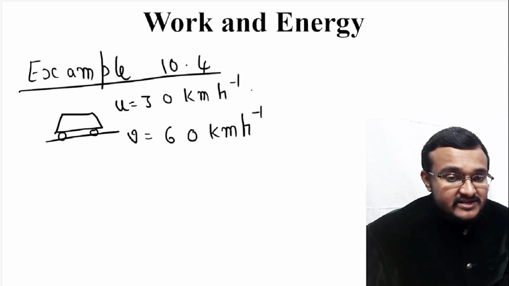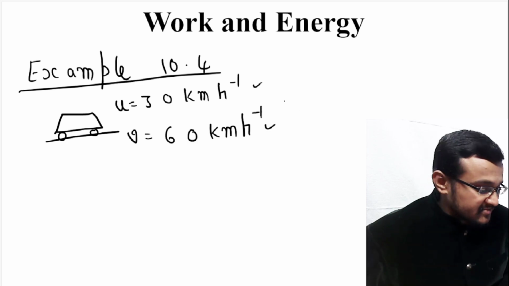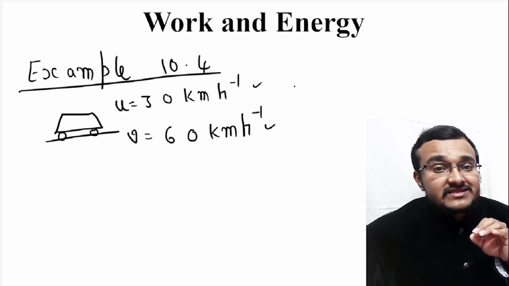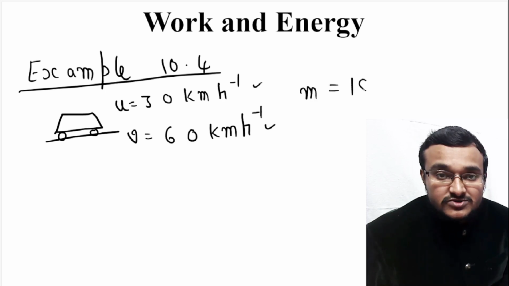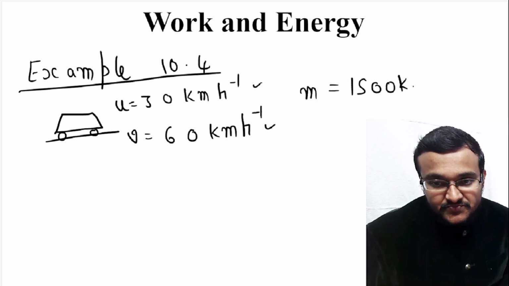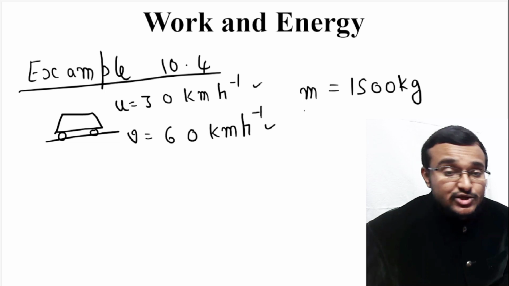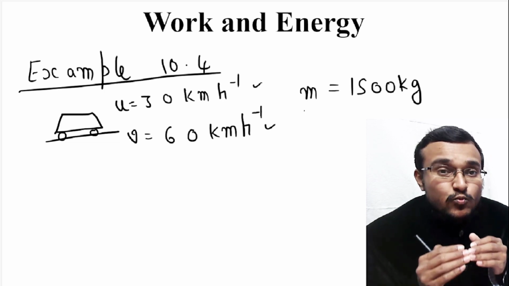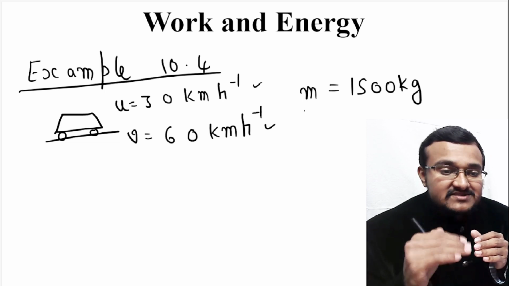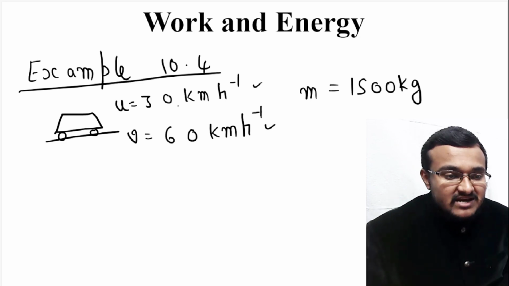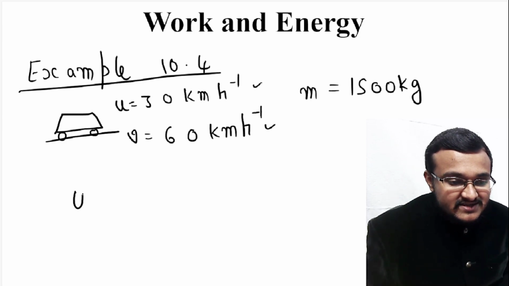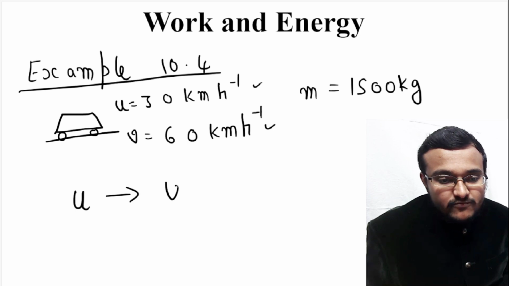So they have given the initial speed and the final speed. They have also given the mass of this car, which is 1500 kg. Using this data, you have to calculate the work done in reaching 60 km per hour speed from 30 km per hour speed. That means this car has increased its speed from u to v.